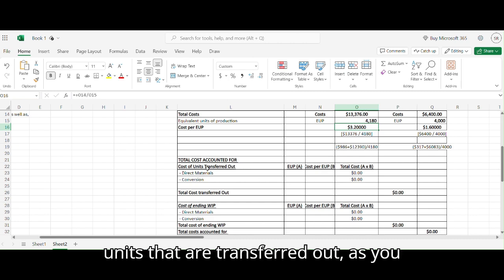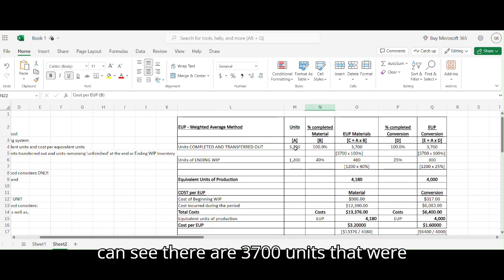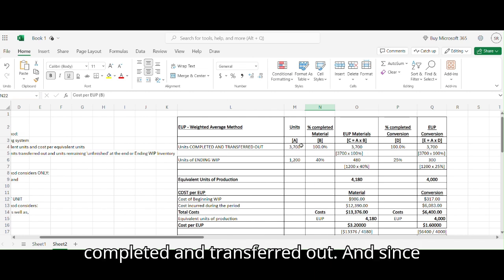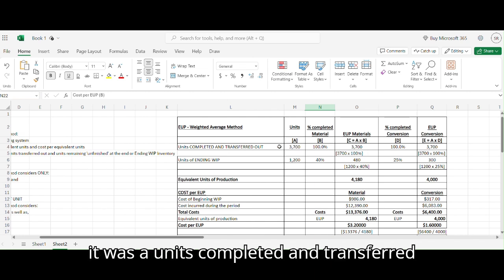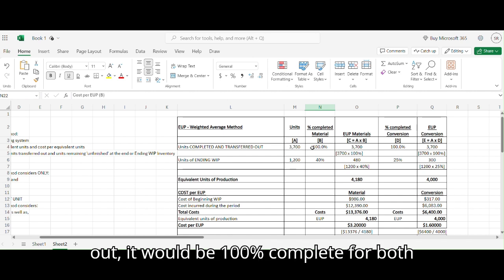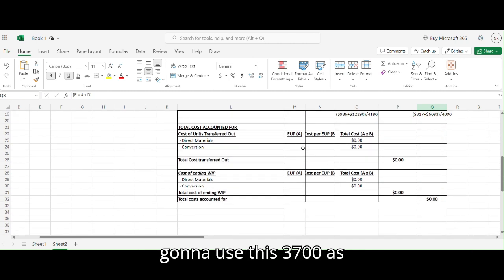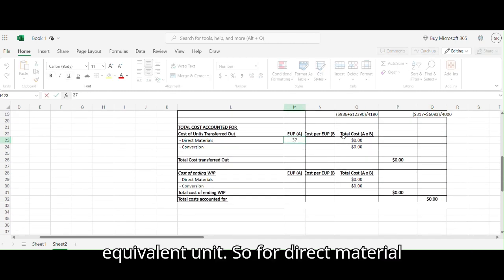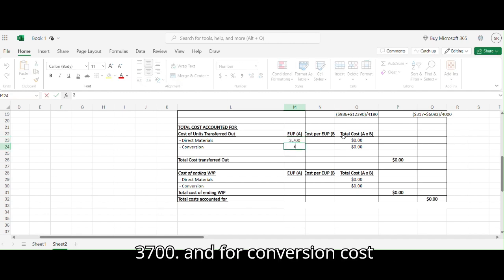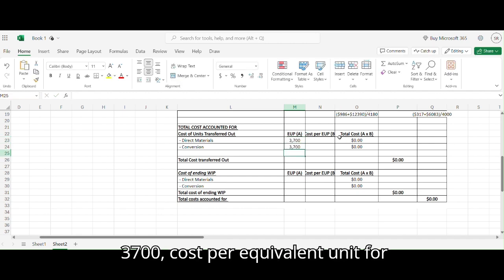For units that are transferred out, as you can see, there were 3700 units that were completed and transferred out, and since they were units completed and transferred out, it would be 100% complete for both material and conversion costs. So we're going to use this 3700 as equivalent units: for direct material 3700, for conversion cost 3700.